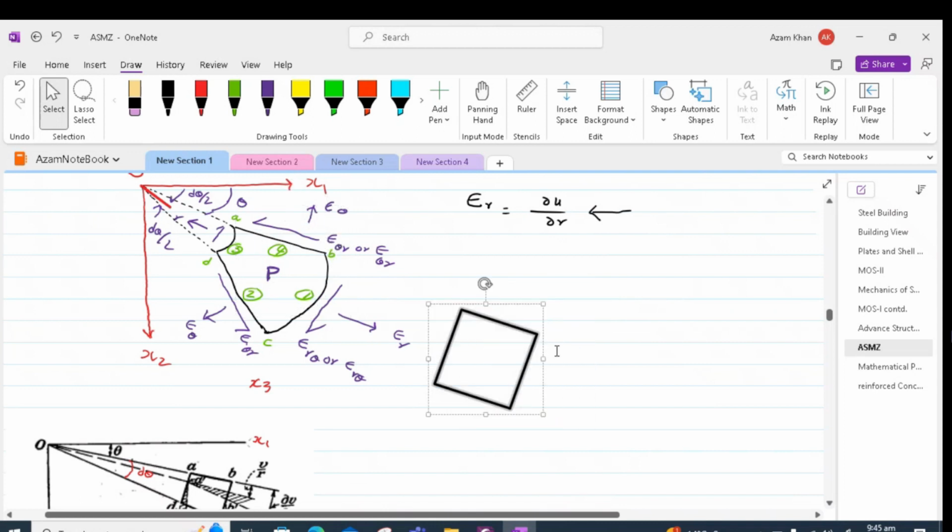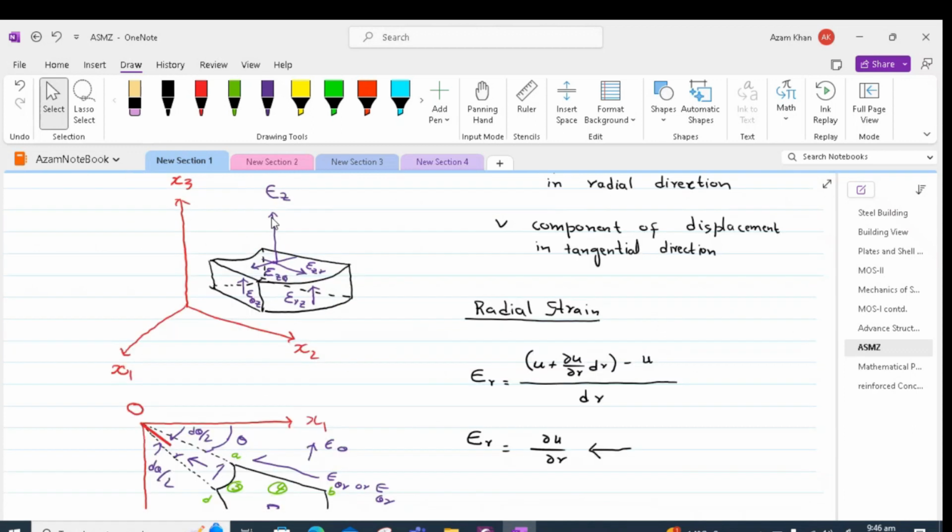So when this element was part of strain r or in the radial direction, there is a displacement of this element only in the radial direction without causing any displacement in the tangential direction. Another element which is having displacement along z direction will have displacement only in the z direction without any displacement in the tangential or the radial direction.